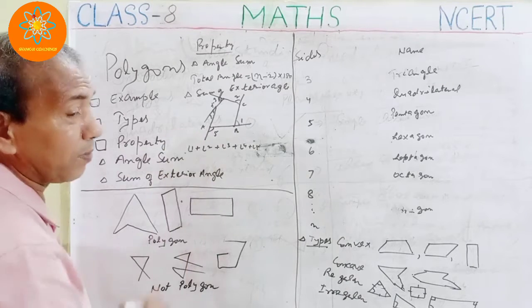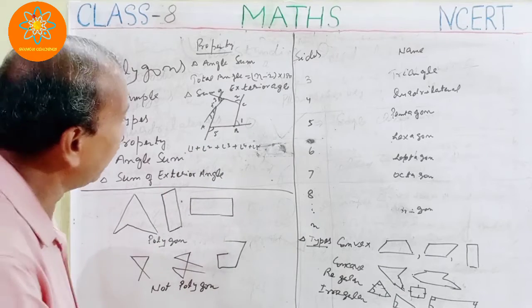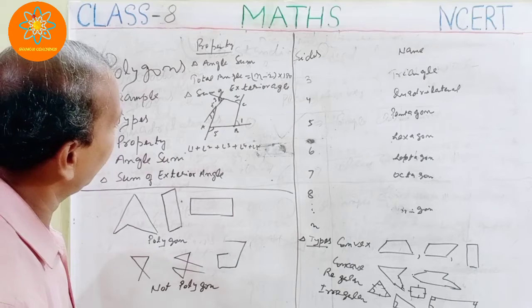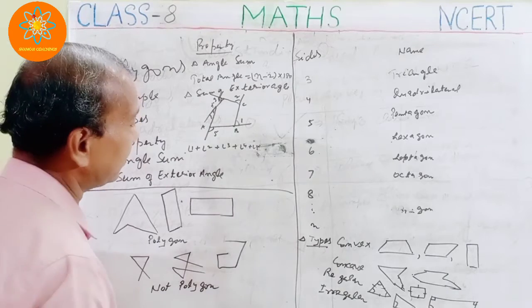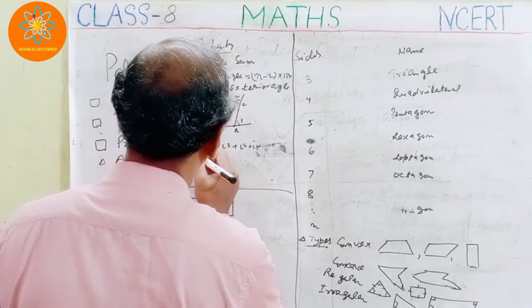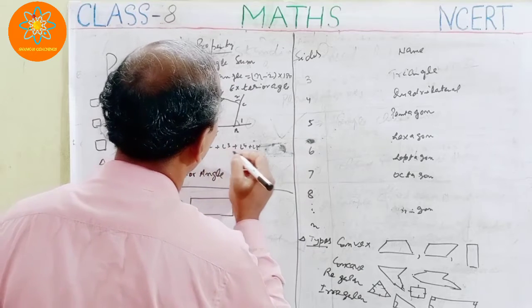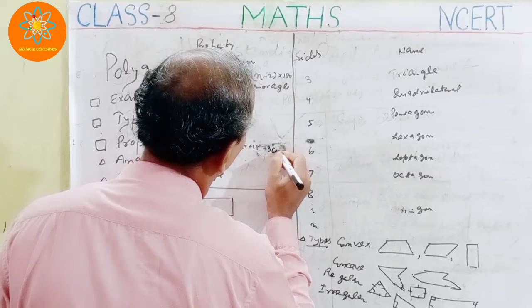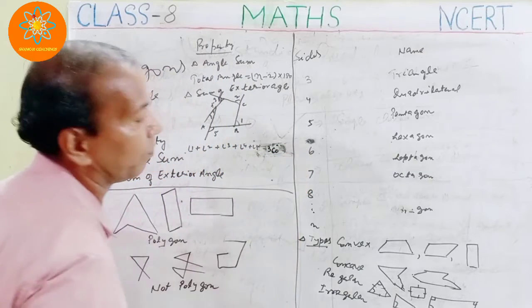Again I am coming to the AB. So in this case, the value of angle 1 plus angle 2 and so on is equal to your 360 degree.